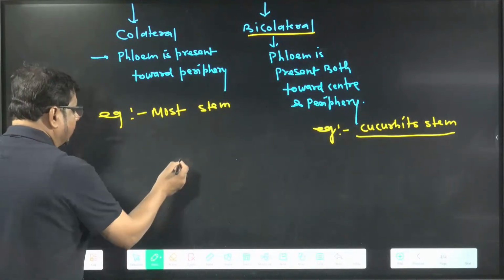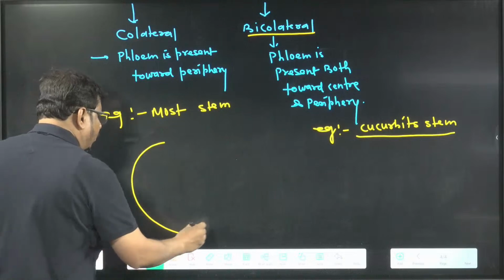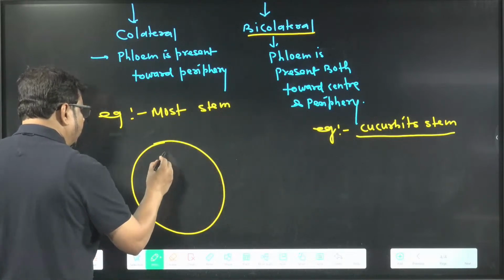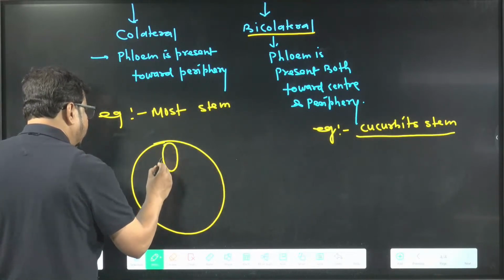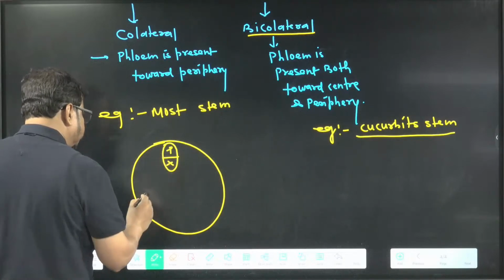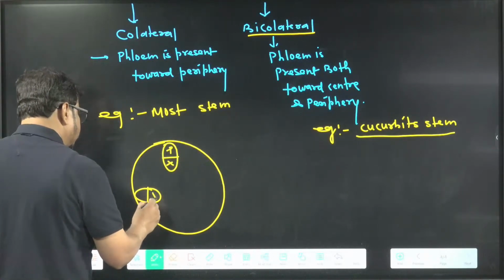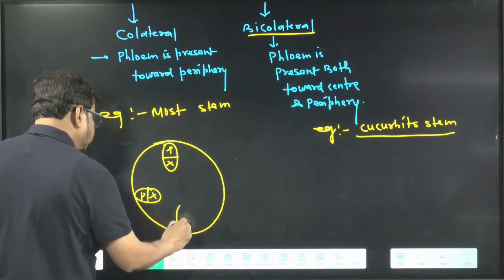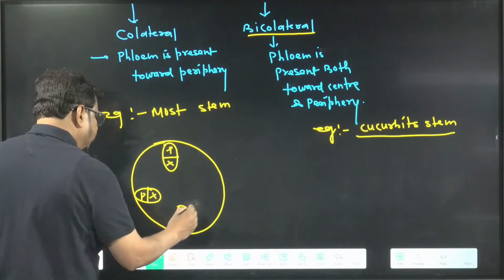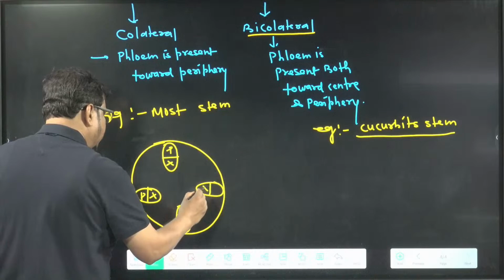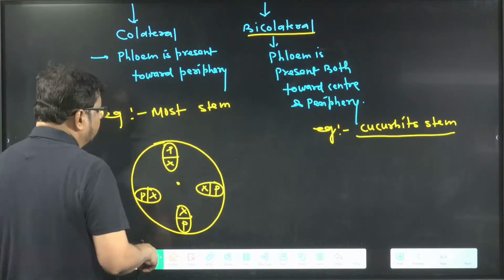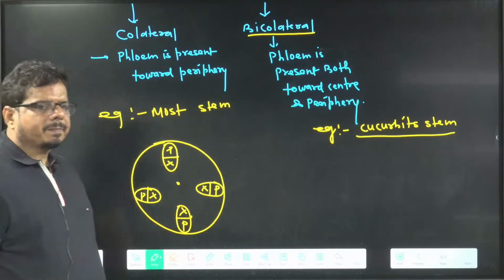Now let me draw the diagram of collateral arrangement. Have a look here. So I am drawing the collateral arrangement and bicollateral both. It is xylem, phloem, xylem, phloem, xylem, phloem, xylem, phloem. Center. Who is toward periphery?